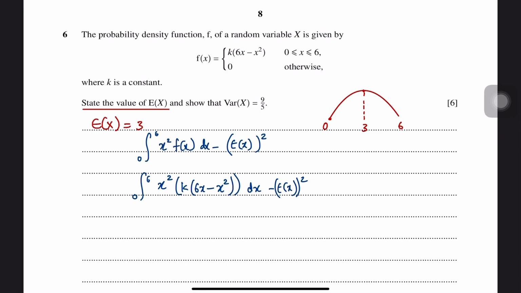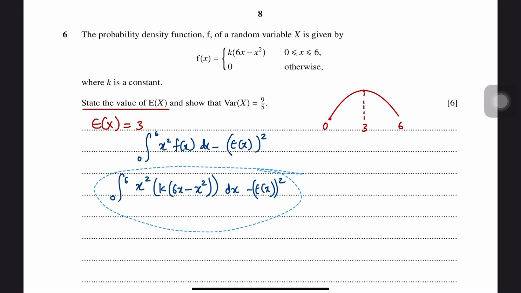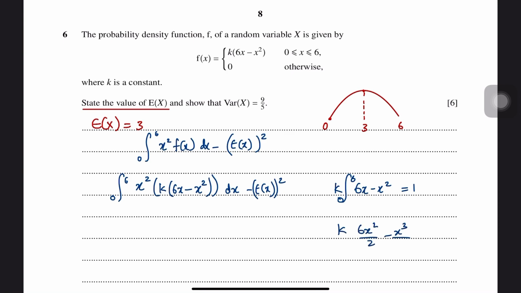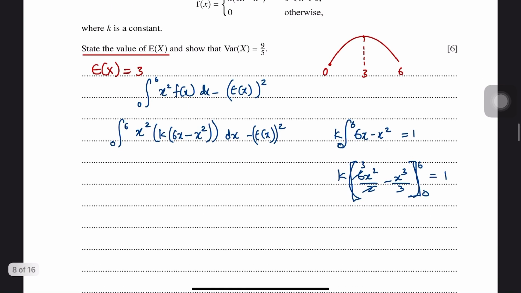The question doesn't say so, but I still have to find it in order to do the working. So I'm integrating over the entire limit 0 to 6 and saying that this equals 1. So k times 6x squared divided by 2 minus x cubed over 3, with limits 0 to 6, equals 1.